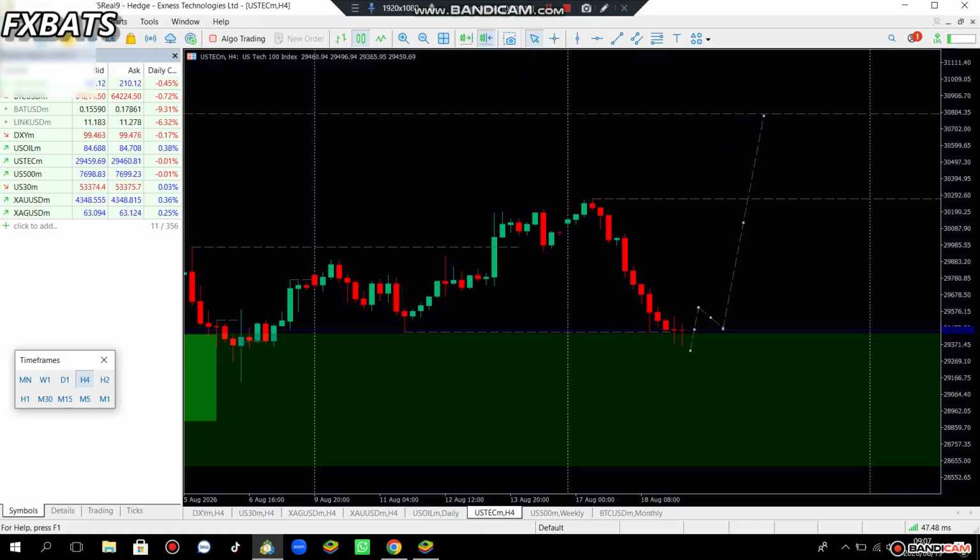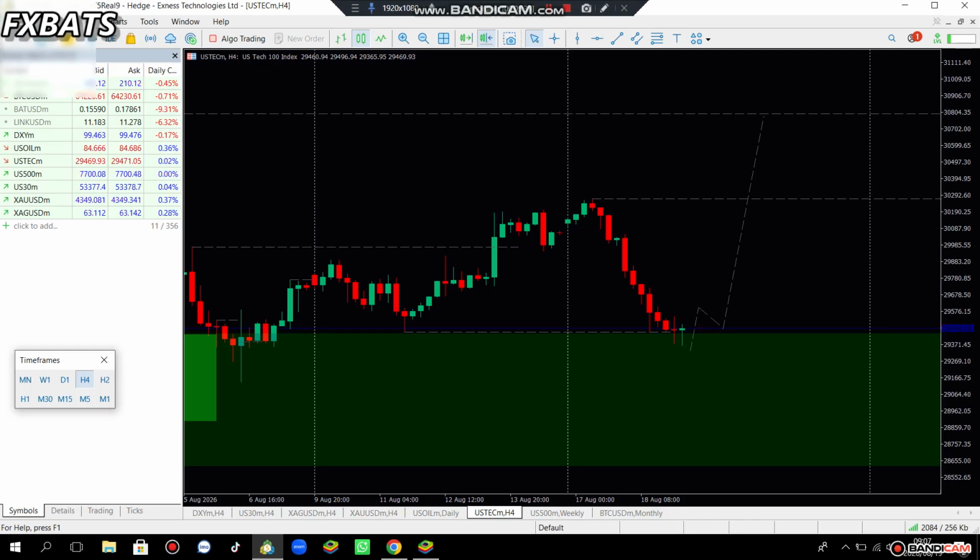So Nasdaq, we're still bearish, but we haven't confirmed fully that it has started buying, because now we're still correcting this area. You could see this liquidity has already been taken out.